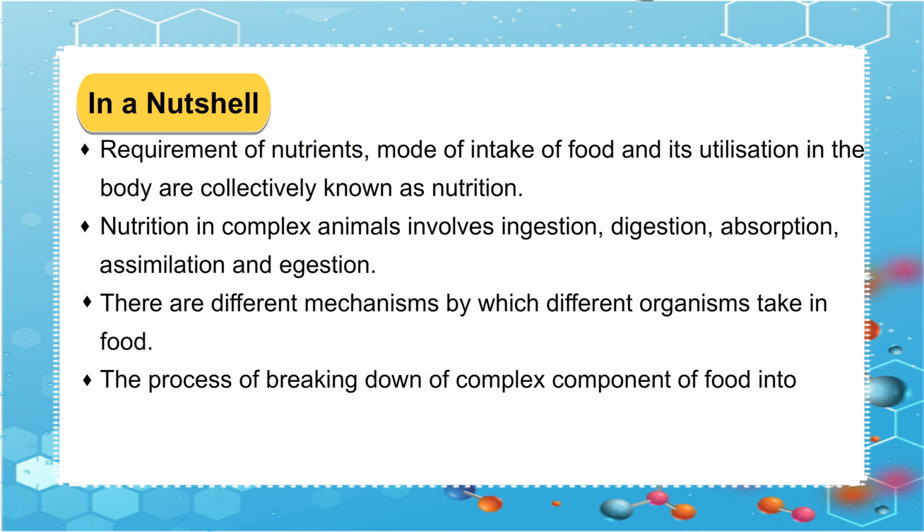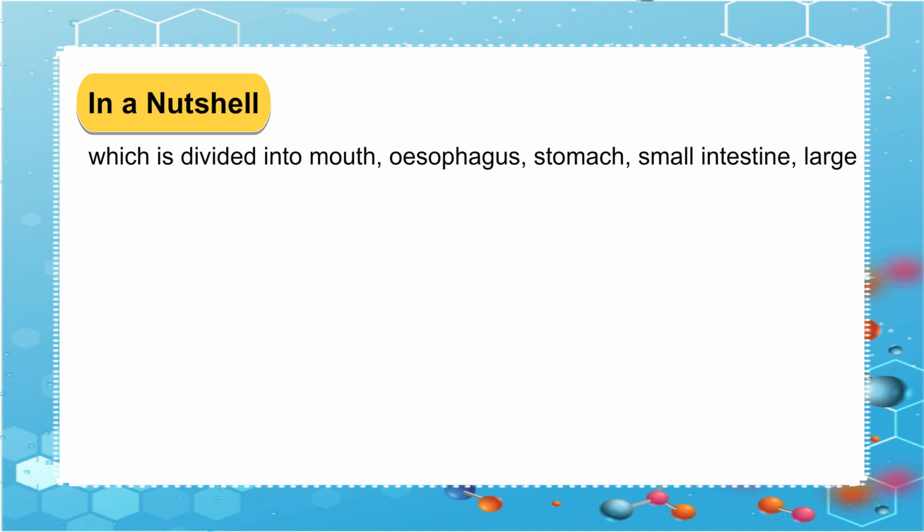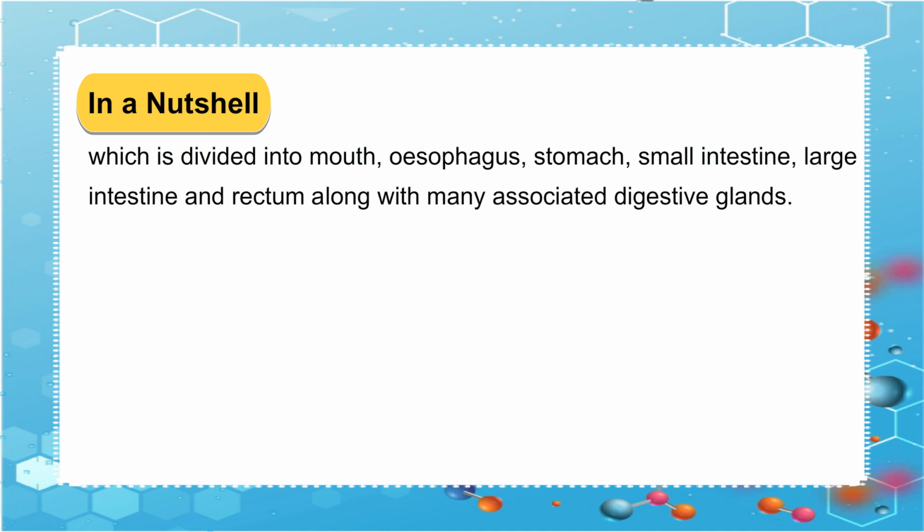The process of breaking down of complex components of food into simpler substances is known as digestion. The digestive system of humans consists of the gut or alimentary canal, which is divided into mouth, esophagus, stomach, small intestine, large intestine and rectum along with many associated digestive glands.